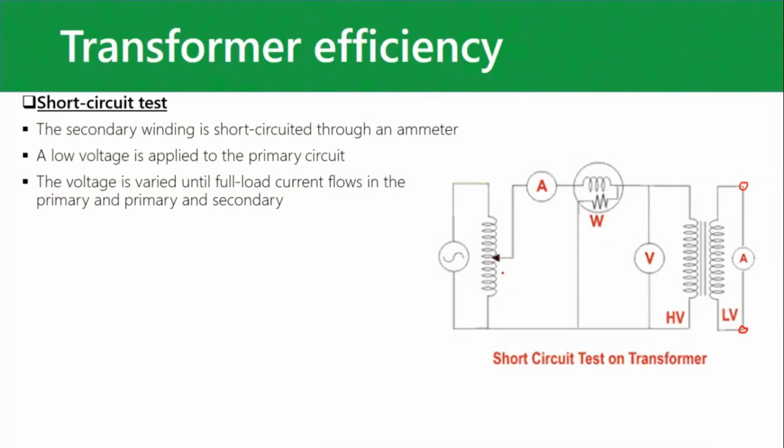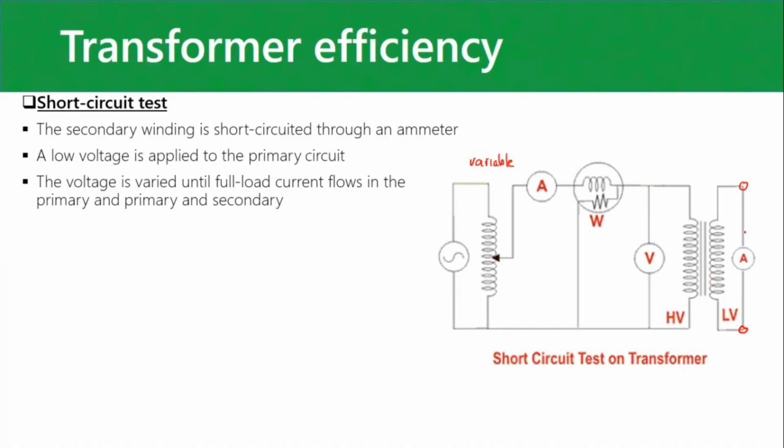We have this variable voltage here, and we start at very low voltage because you shorted the terminals on the secondary. So the only thing opposing the current in these windings is the impedance of these windings. That's all.